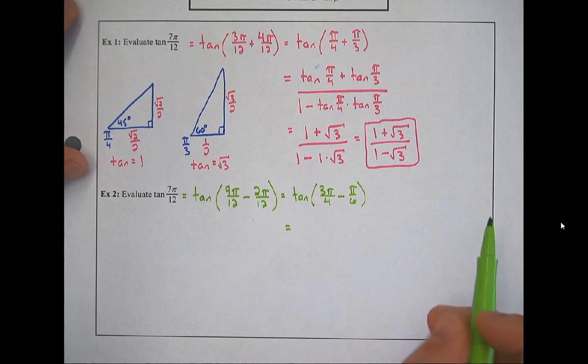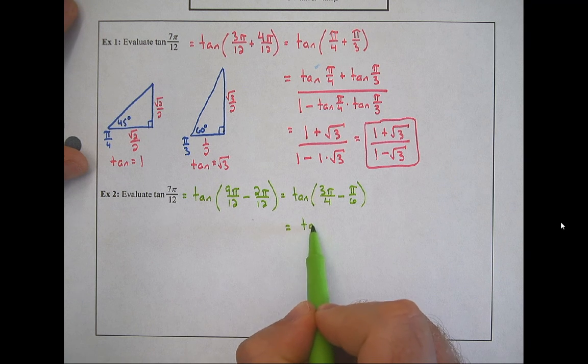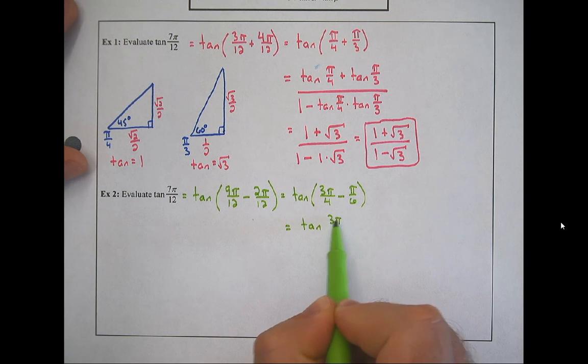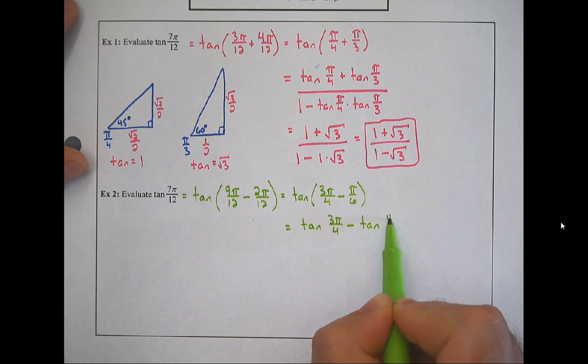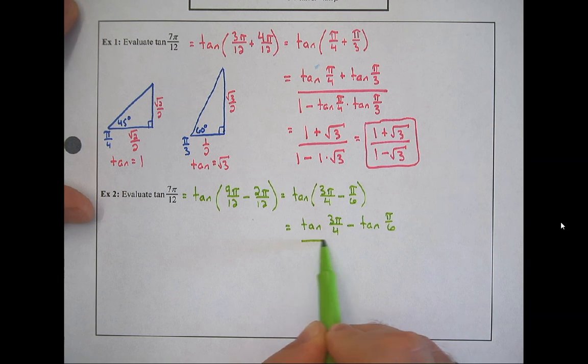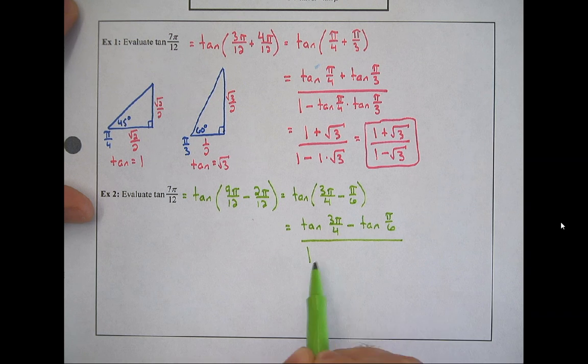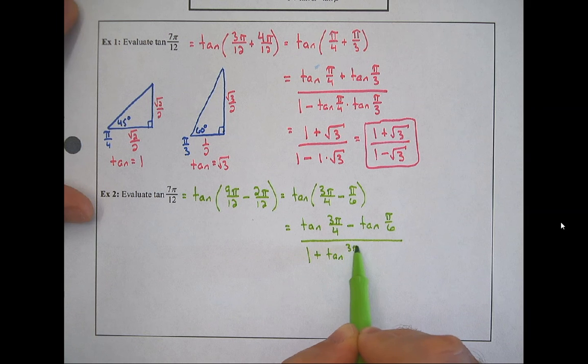So now I can plug it into the formula. This is tangent of alpha minus tangent of beta over 1. Well, that was a minus, so this is a plus tangent of alpha times tangent of beta.